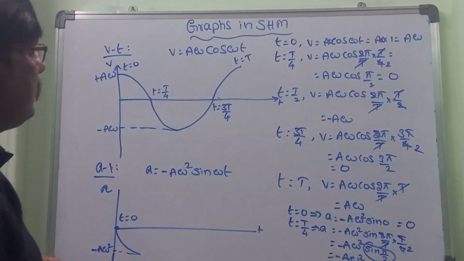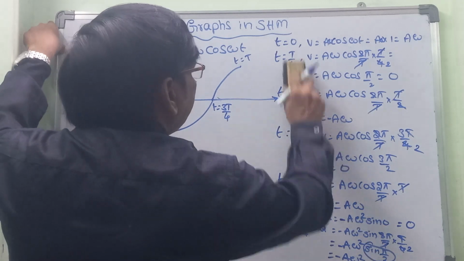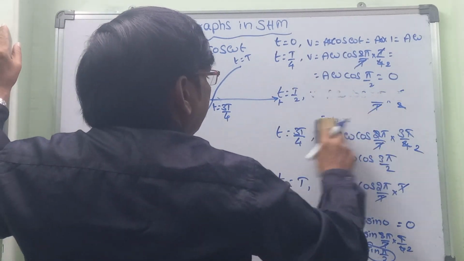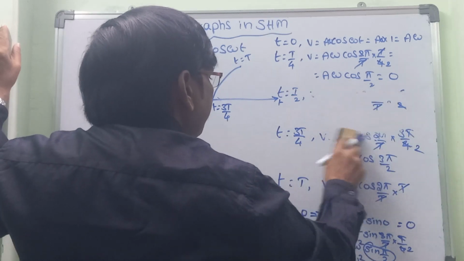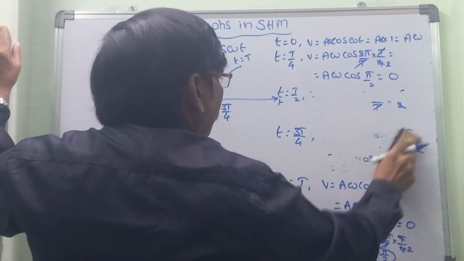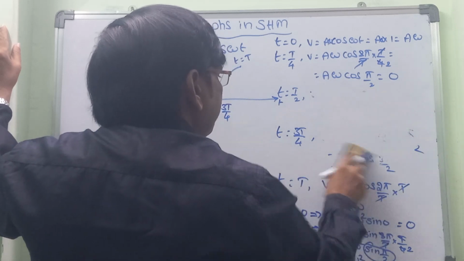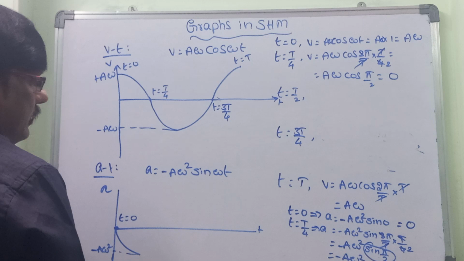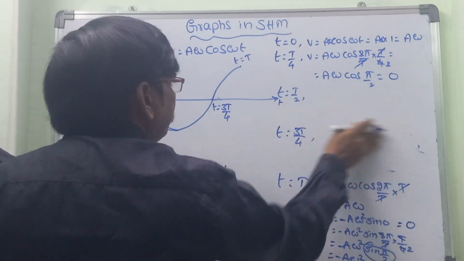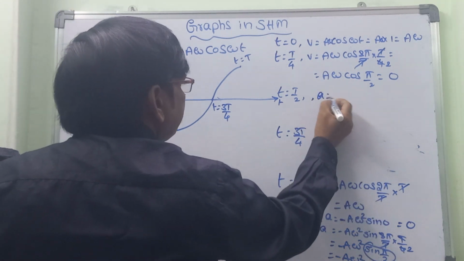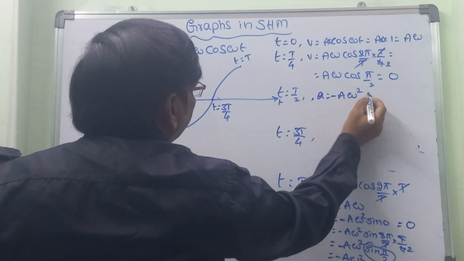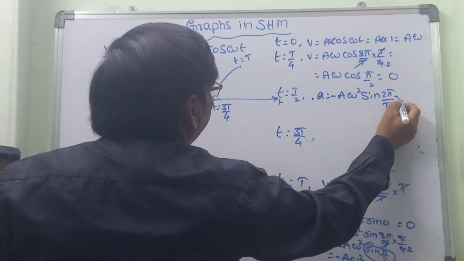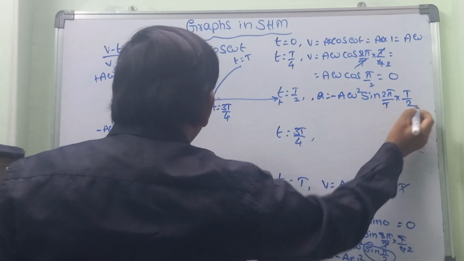Now, we have completed t is equal to T by 4, and we will use this one here. Then what graph will we get? Now let us see, for this one t is equal to T by 2. We can use the same formula: acceleration is equal to minus a omega square sin of 2 pi by T into T by 2 this time.